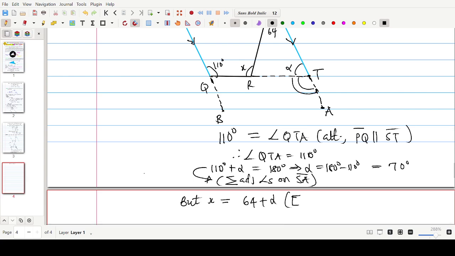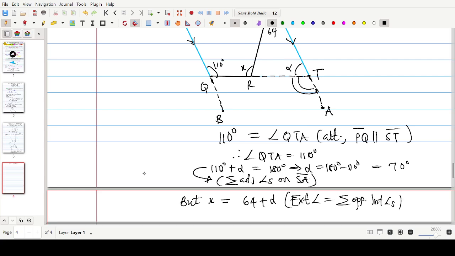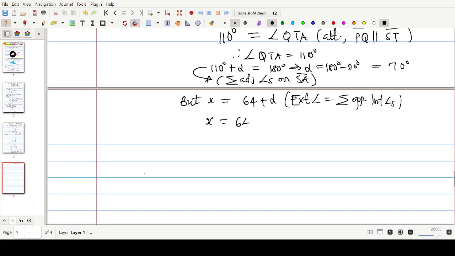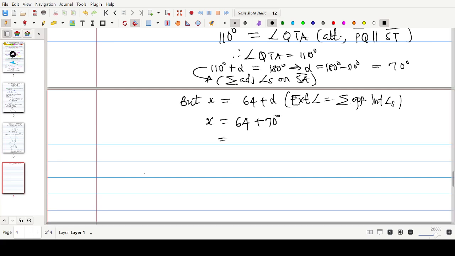This exterior angle is equal to the sum of the opposite interior angles. That is the reason. We have already proved that to be true. So that means X is equal to 64 plus alpha, and the value of alpha is 70 degrees. And when this is added, we have 134 degrees. So this is the answer. So we're done with solving this problem.